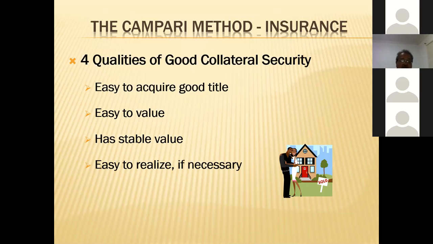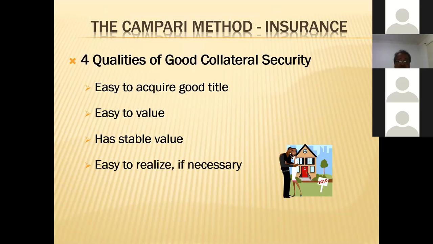And then the fourth one, easy to realize if necessary. Okay. And what that means is, how easily can it be converted into cash? So if this loan goes south, how quickly can I as a banker get my money out of it?